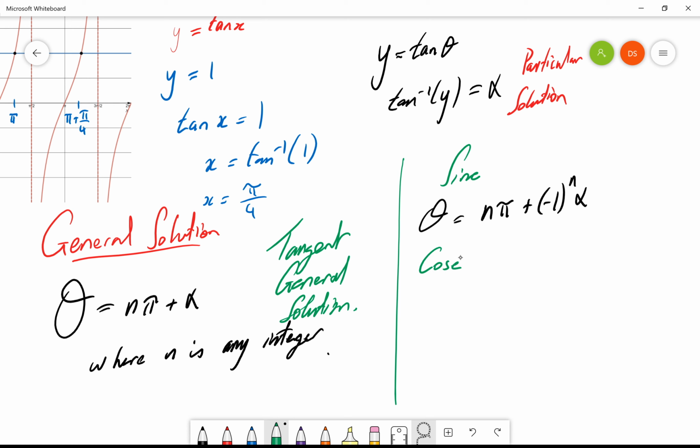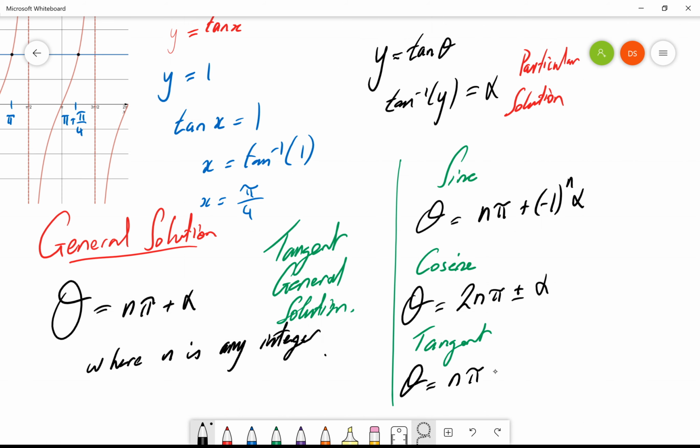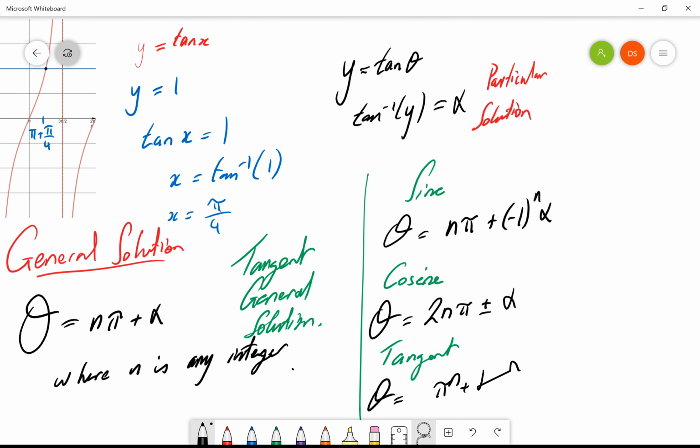Cosine is 2n pi, or 2 pi n plus or minus alpha. And the tangent solution is the simple n pi plus alpha.